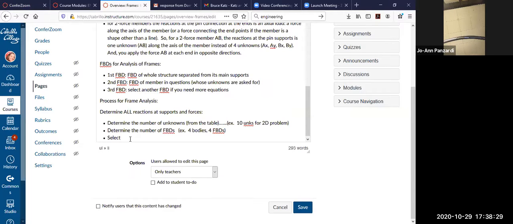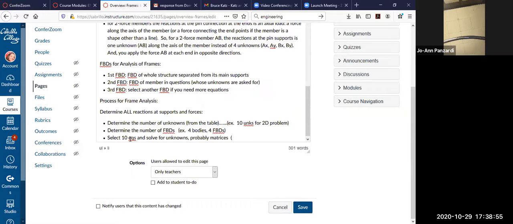Select 10 equations. Select equations, and solve for unknowns. Most probably using matrices.